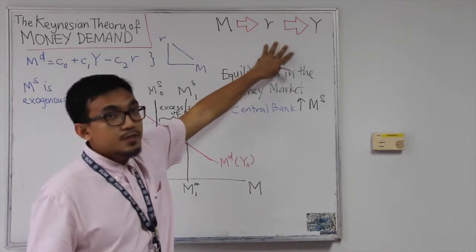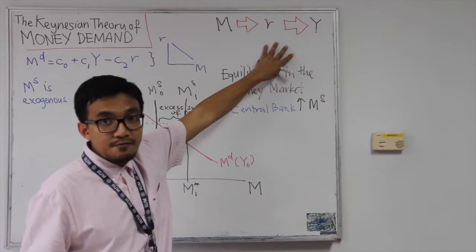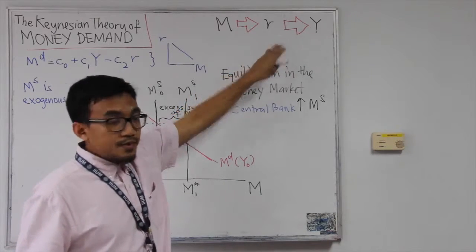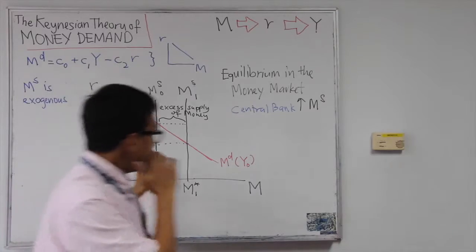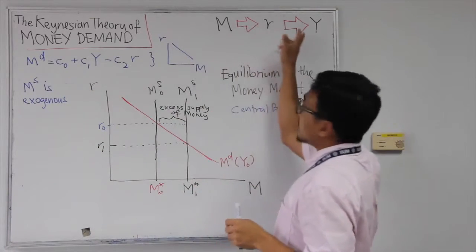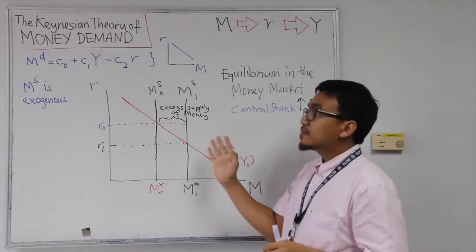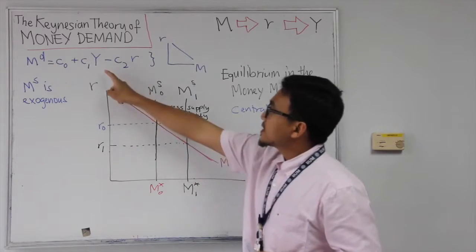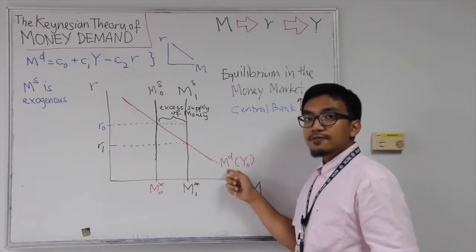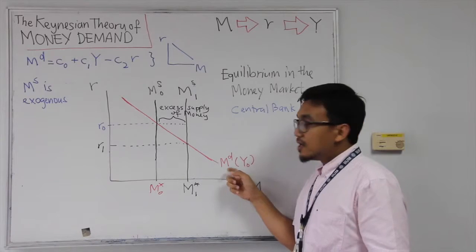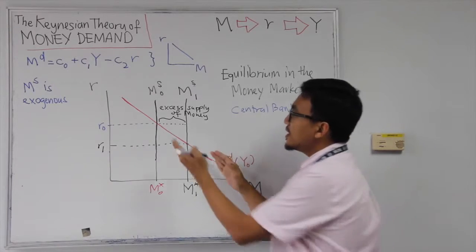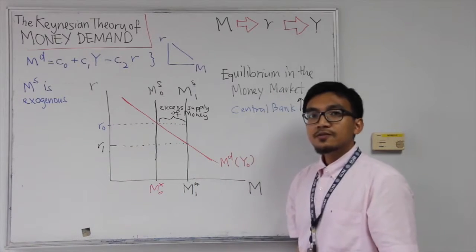Investment, one of the components of aggregate demand, will go up. So lower interest rate will translate into higher income. And the problem now becomes complicated because income is in the money demand function. So when Y goes up, the demand for money will also have to go up.